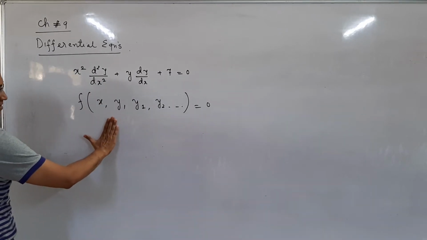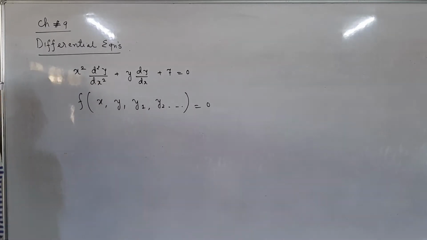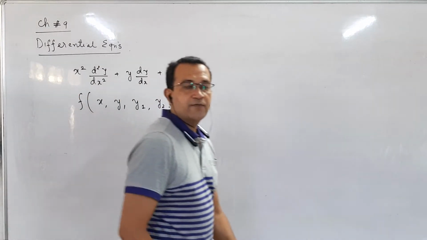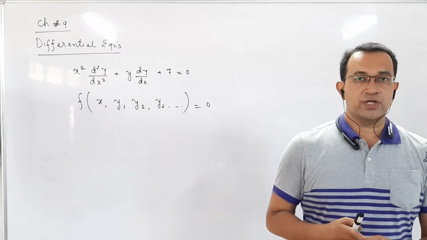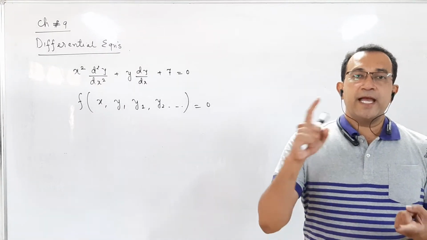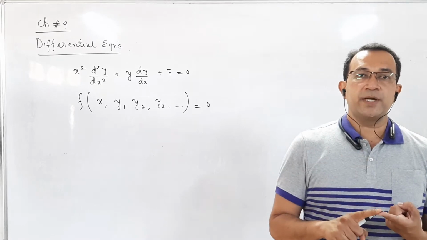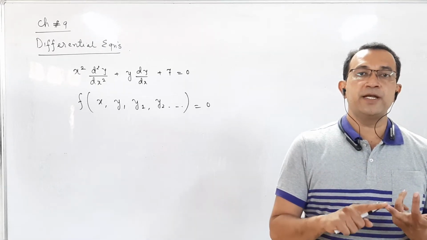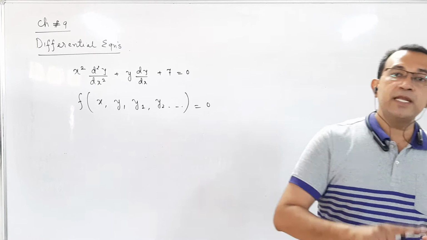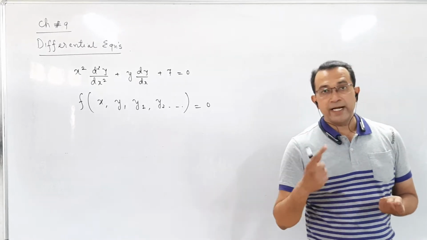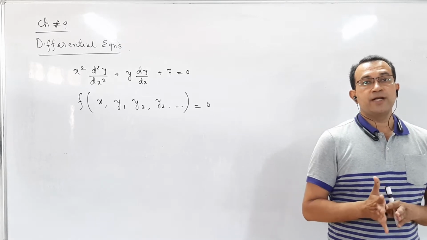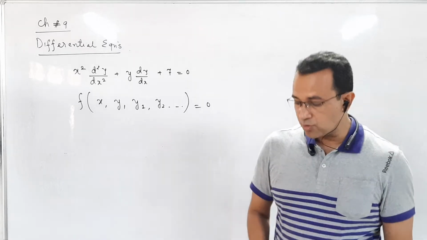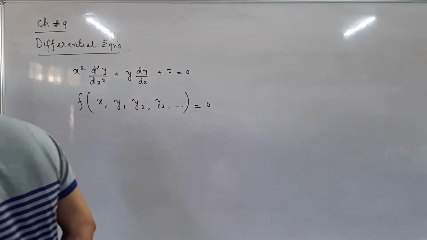This was asked as MCQ in which category? Which of the following is a functional representation of differential equation? So once again, an equation involving independent variable x, dependent variable y, and derivatives of dependent variable y with respect to independent variable x is called a differential equation.